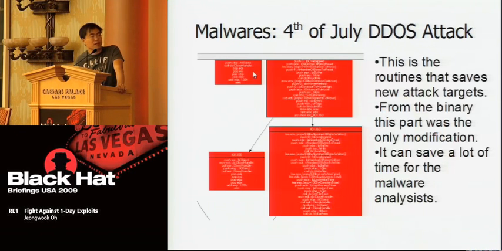What they did add, if you look into here more, is some kind of file operation: from its own binary, it's retrieving a new target list, and saving it to the target list file.